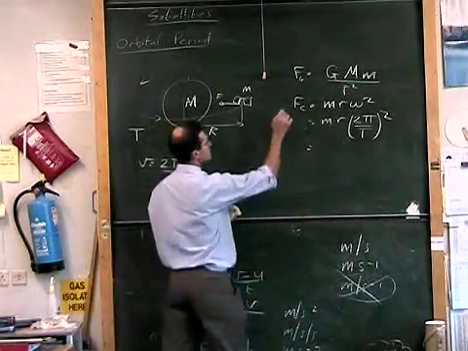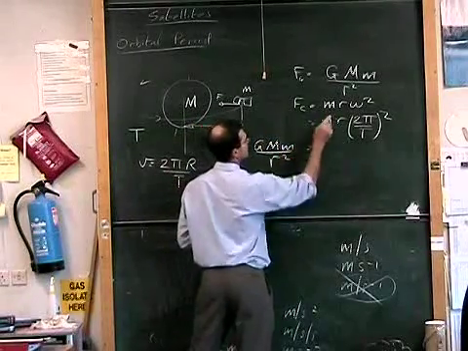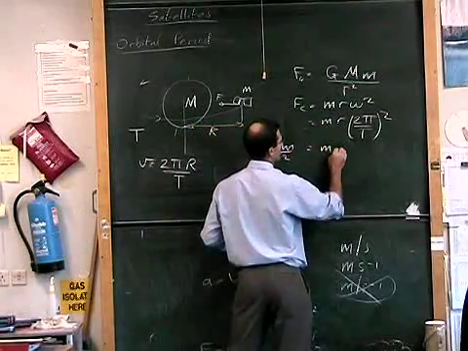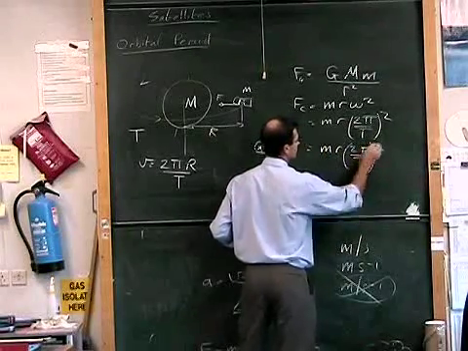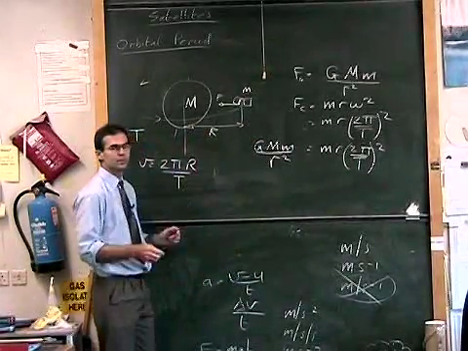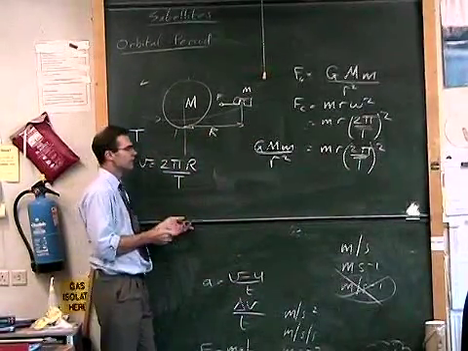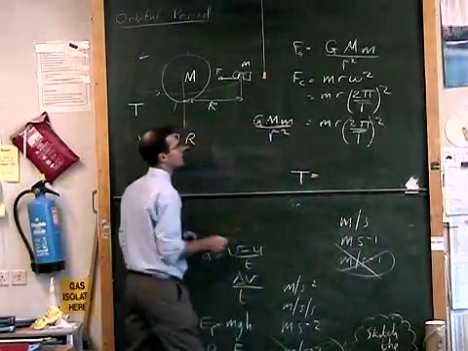So G M m over r squared is equal to m r (2 pi over T) all squared. From that, you should be able to work out an expression for T in terms of everything else that's there.